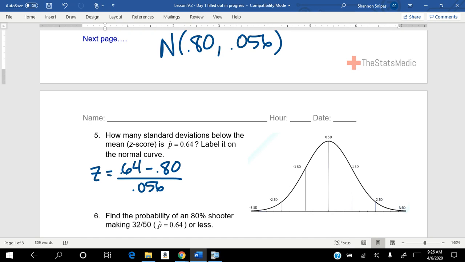So that's our statistic minus the 80%, which is the mean, divided by the standard deviation. And that gives us a negative 2.86. So somewhere down here is negative 2.86. Remember, our mean is 0.